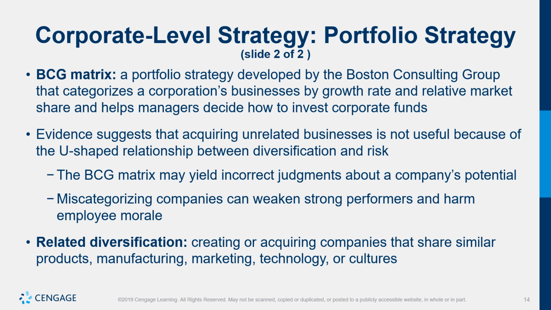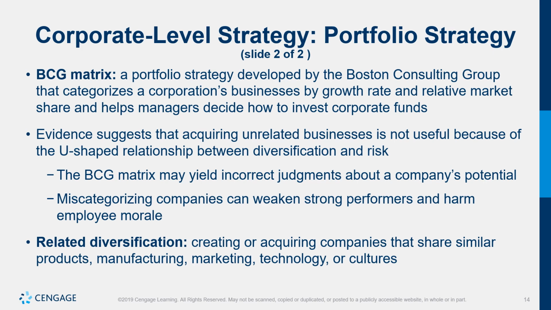The best-known portfolio strategy for guiding investment in a corporation's businesses is the Boston Consulting Group Matrix. The BCG Matrix is a portfolio strategy that managers use to categorize their corporation's businesses by growth rate and relative market share, which helps them decide how to invest corporate funds.